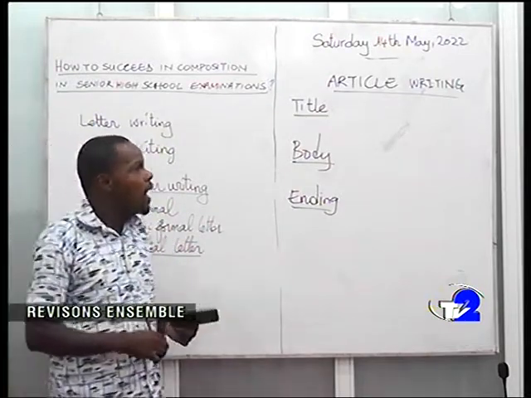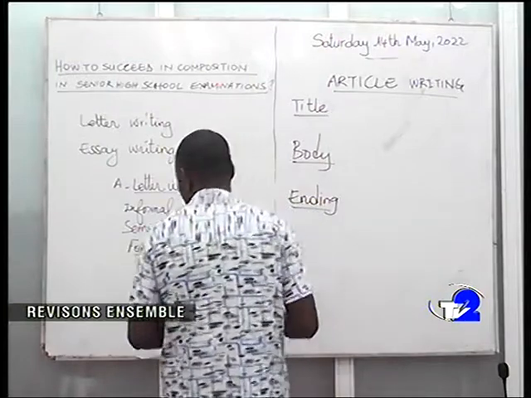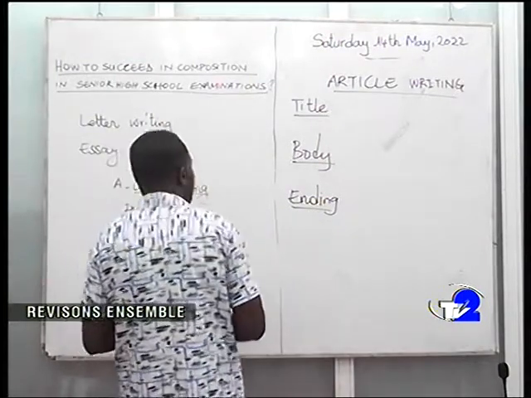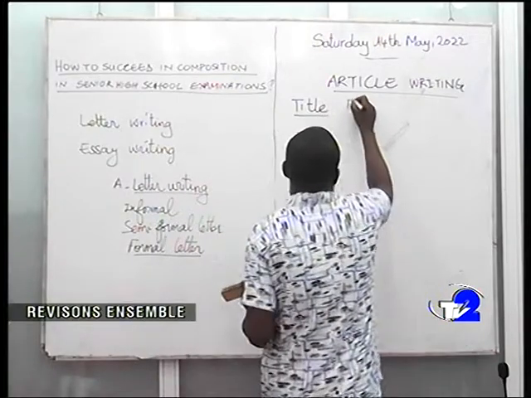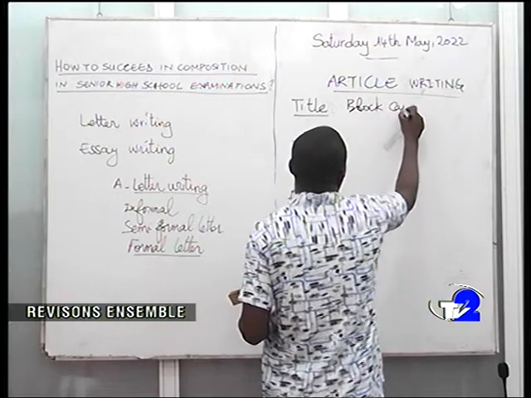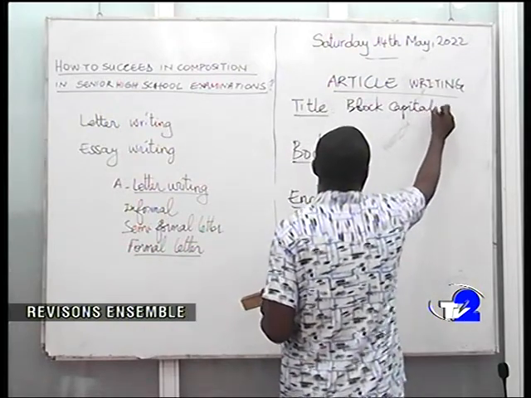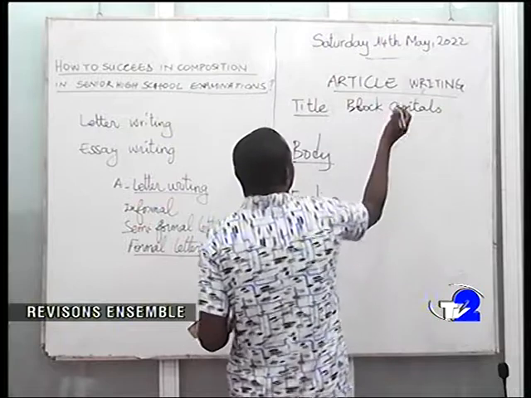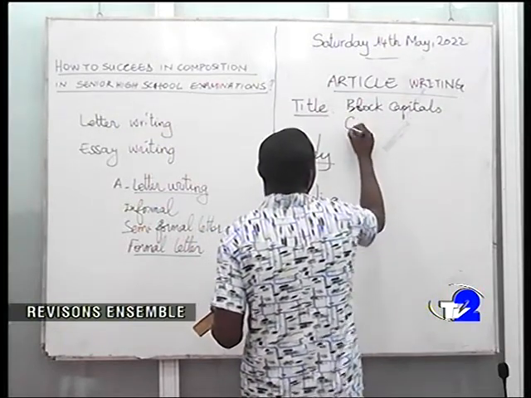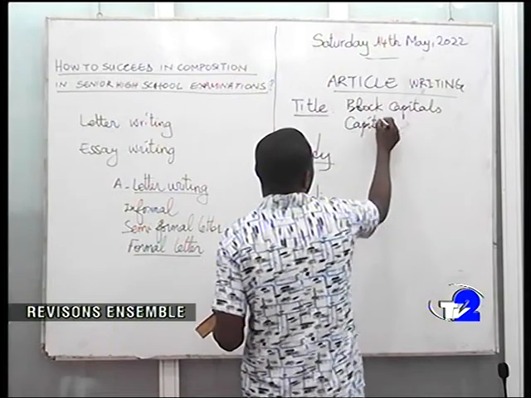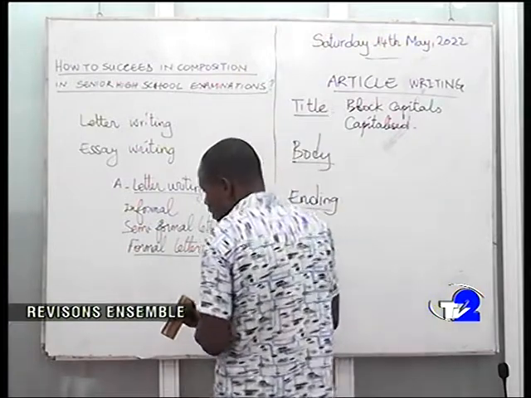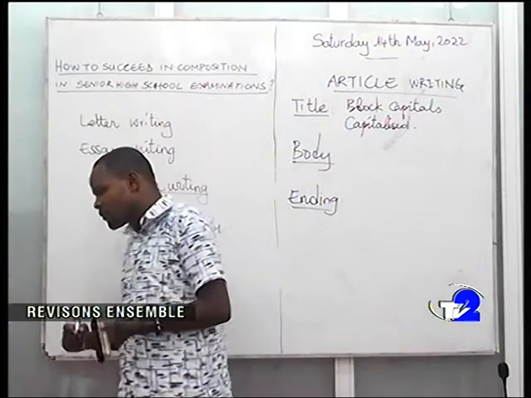Now, how do we proceed as far as the title is concerned? The title is written either in block capitals, which means every letter should be in capital letters, or it should be capitalized, which means only the first letters should be in capital letters.